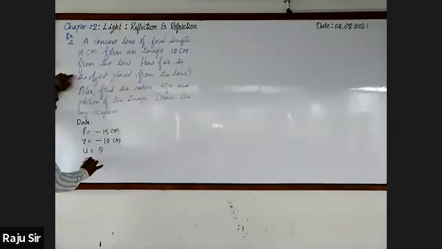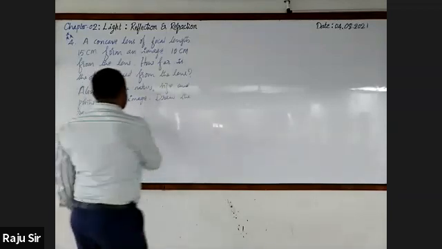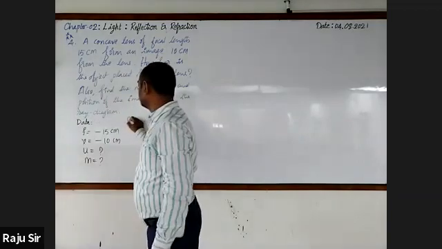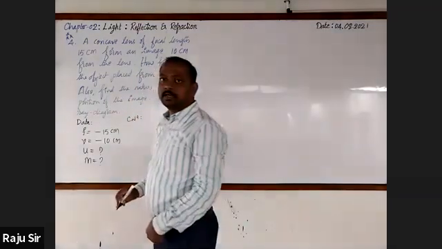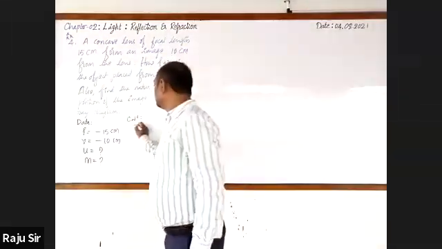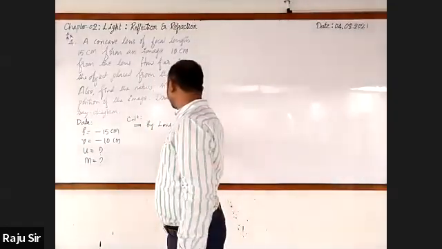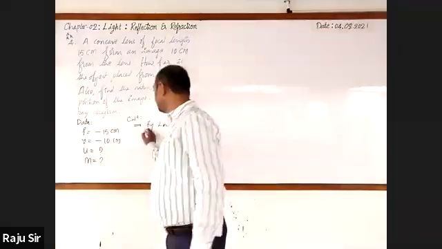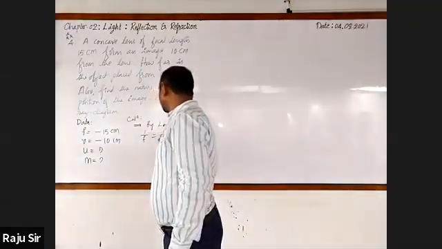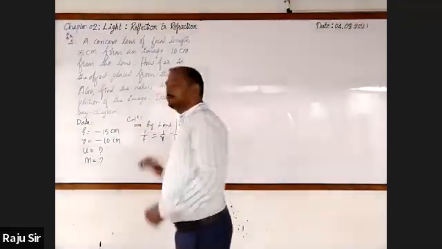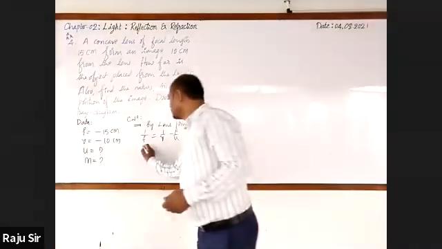To find out the nature you must know the magnification. Let us go for calculation. We have to use the lens formula. By the lens formula, 1 by f is equal to 1 by v minus 1 by u. Substitute and simplify.